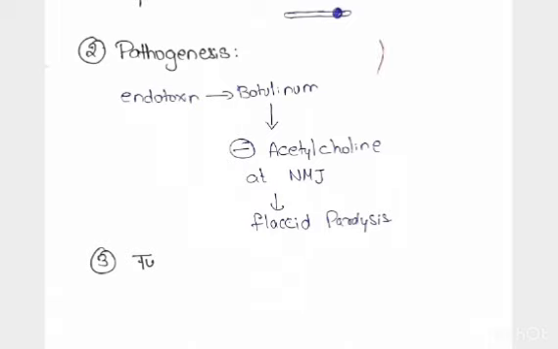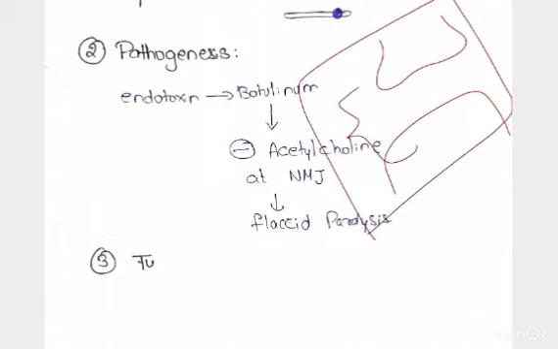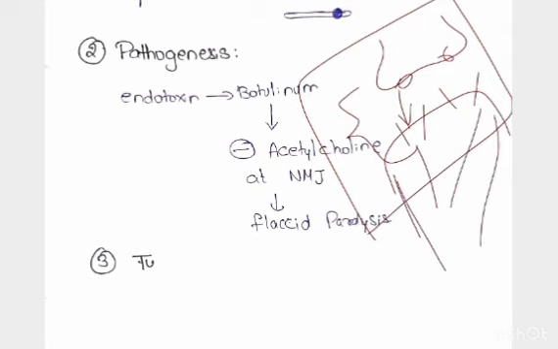neuromuscular junction. Here we see a neuron, here we see a muscle, and this is called the synapse, and this is called the neuromuscular junction. Acetylcholine is released by the neuron and travels in the synapse, and here are the receptors on the muscle where the acetylcholine will show its action, from where the signal is taken and the muscle function is done.